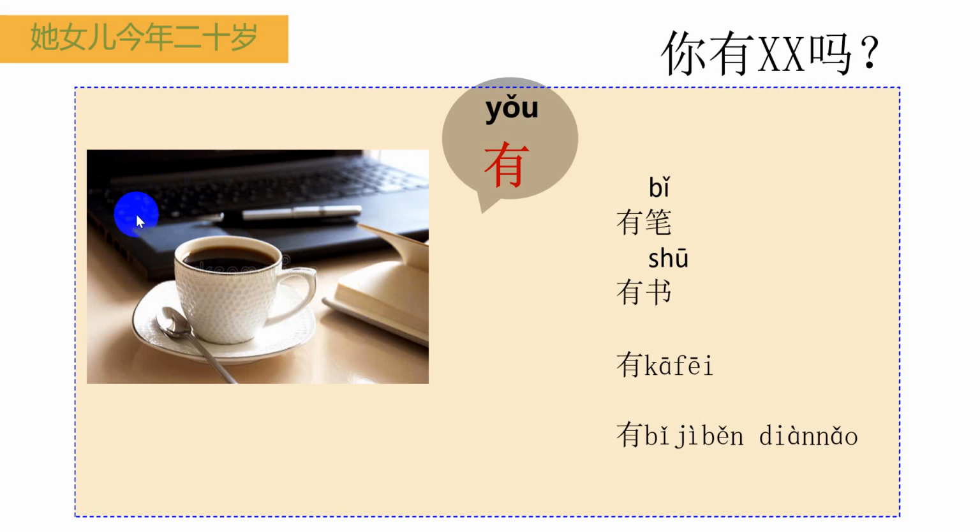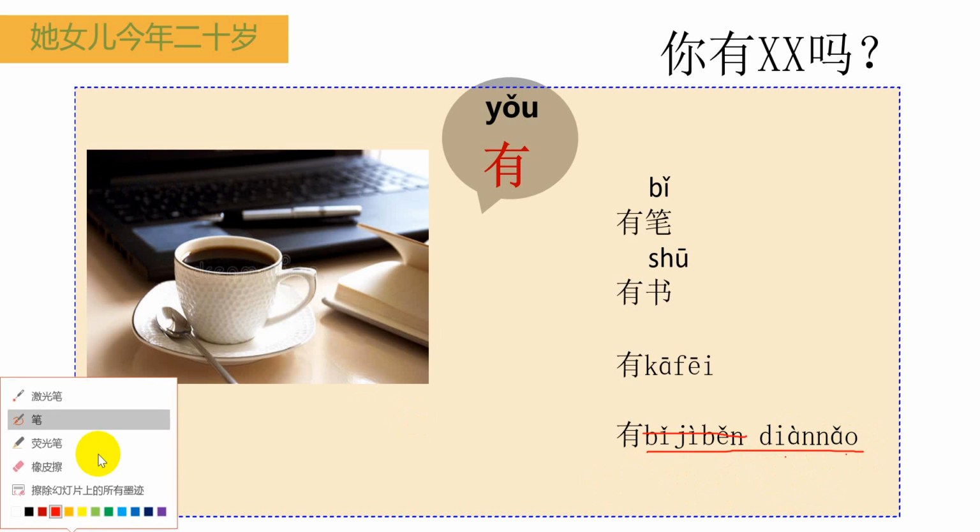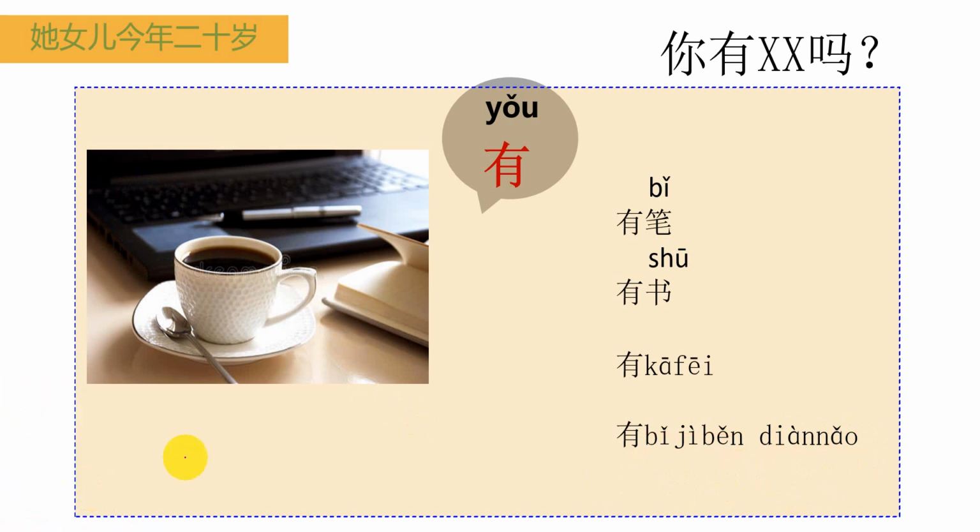And also a laptop, 笔记本电脑. 那一起说这个, 有笔记本电脑. 有笔记本电脑. If there is a computer, we can say 电脑. Computer, 电脑. So 笔记本电脑 is for the laptop, like this one. 笔记本电脑.